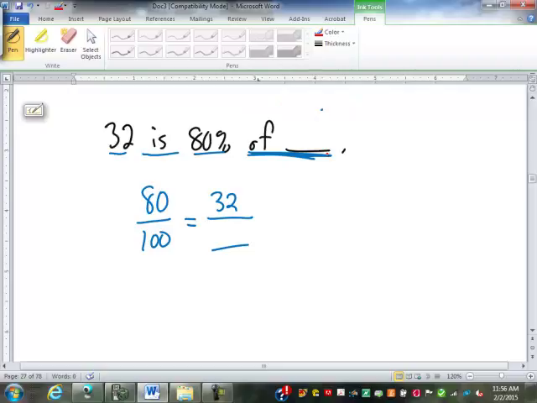Again, the numbers are in different spots, but it's still going to be cross multiply and divide, just in a little bit different direction again. 100 times 32 is 3,200. Divided by 80 is going to give us 40. 32 is 80% of 40.